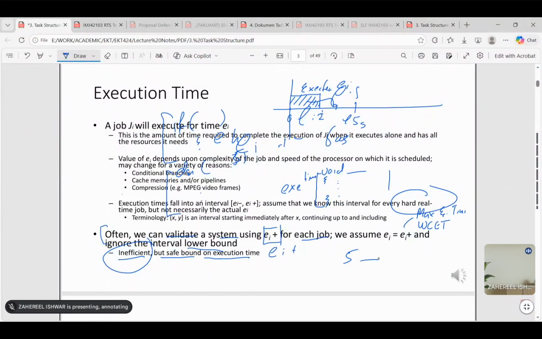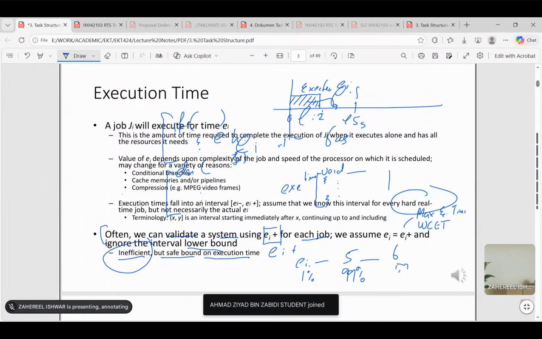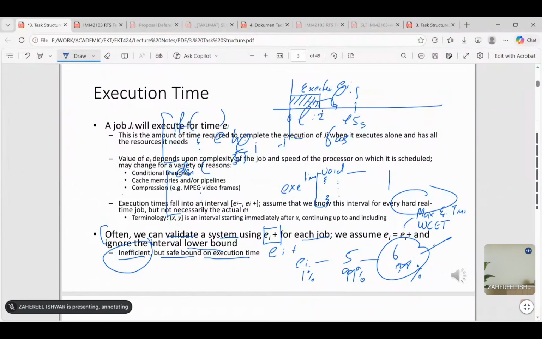Maximum will happen maybe once or twice only. This will happen maybe 99% of the time. And then minimum, E sub I minus, will also happen maybe 1% of the time. Okay, but if this happens, it must be handled safely. Okay, that's why we say it's inefficient.